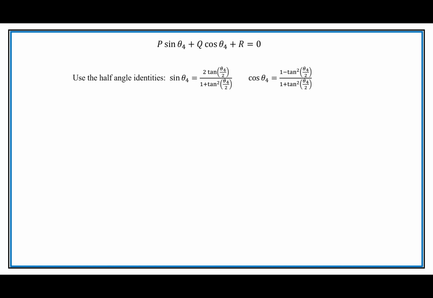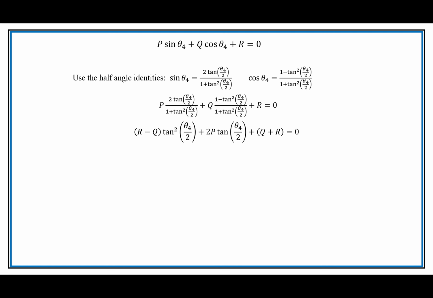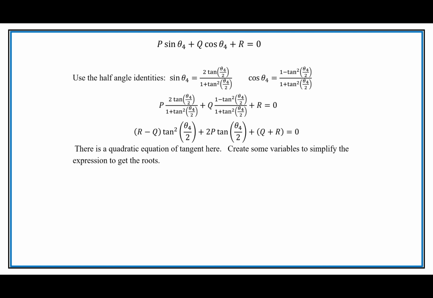And then to solve this, we still need the half angle identities and do the same scheme that we had before. Because the theta 4 is stuck inside the sine and the cosine, we can't just simply pull them out. But this will help us. So we swap them out and then we distribute. And this is a quadratic, again, quadratic of tangent squared and tangent, and then just a constant.